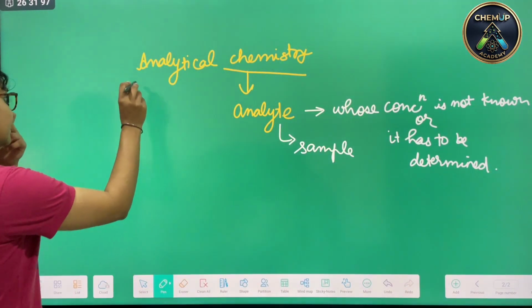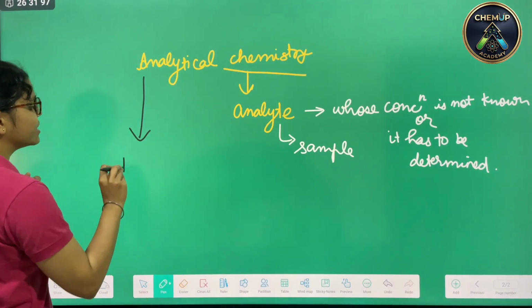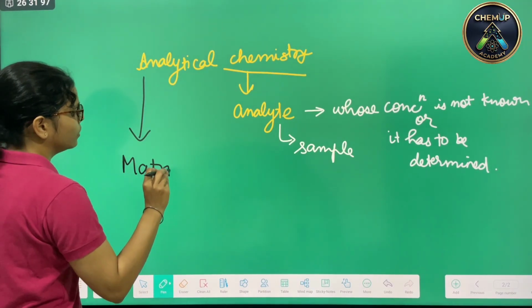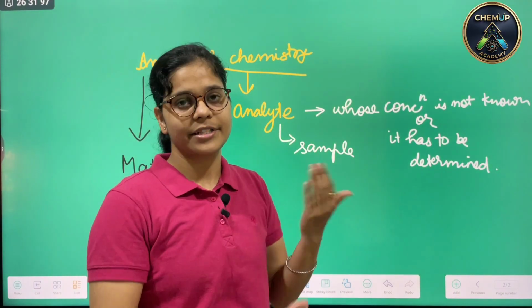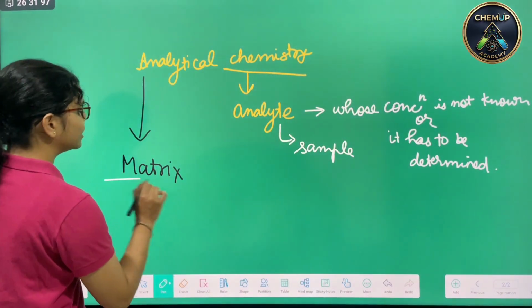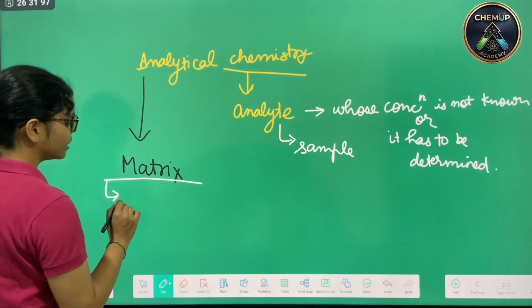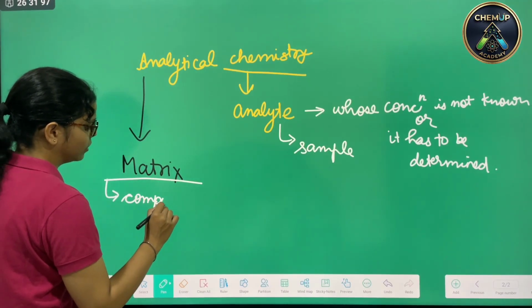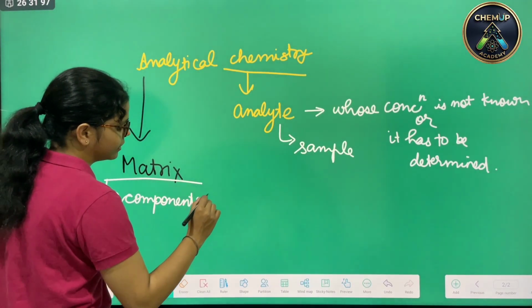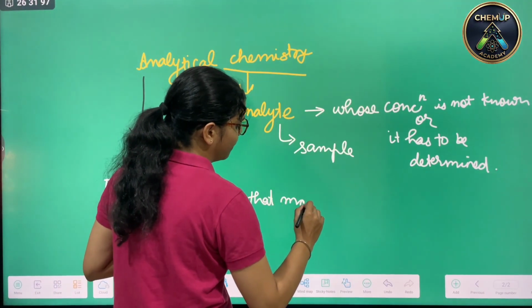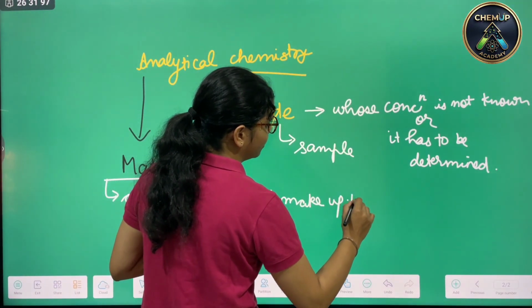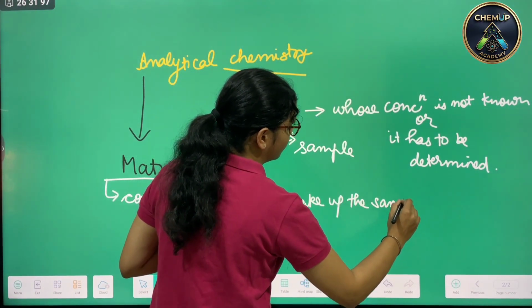Now, another thing that comes from analytical chemistry is the matrix. The two things are: first is the analyte, that means the sample, and second is the matrix, meaning all the components that make up the sample.